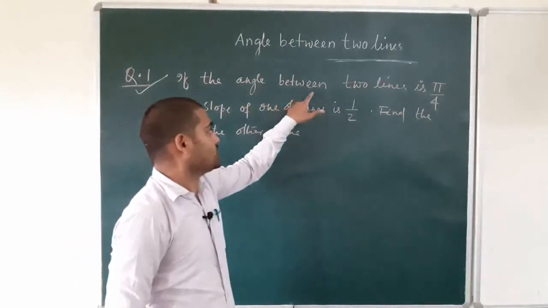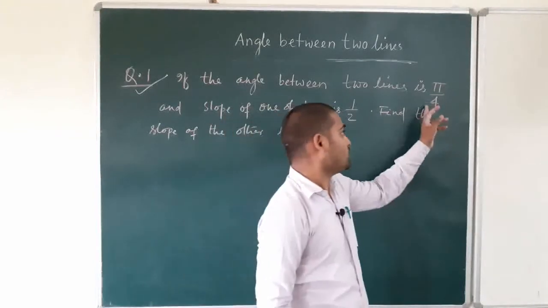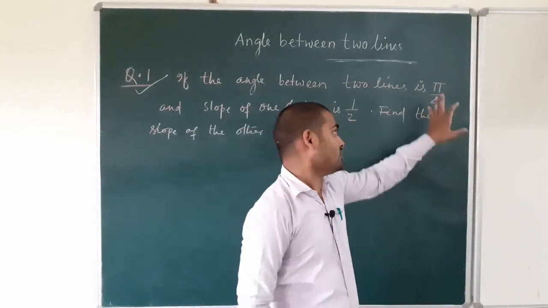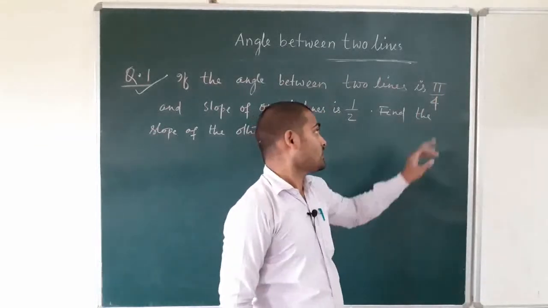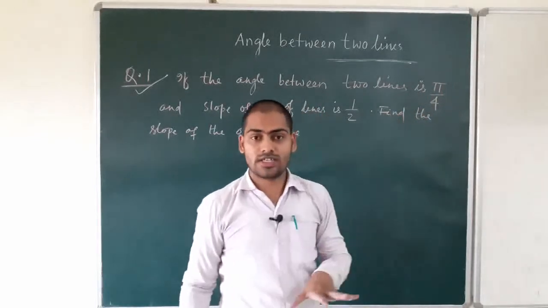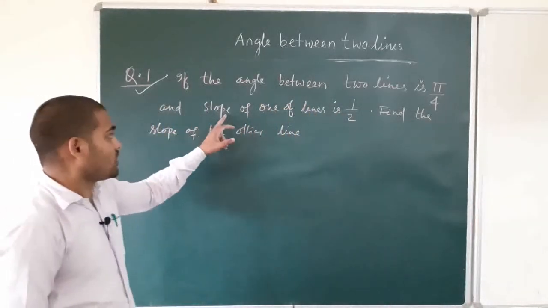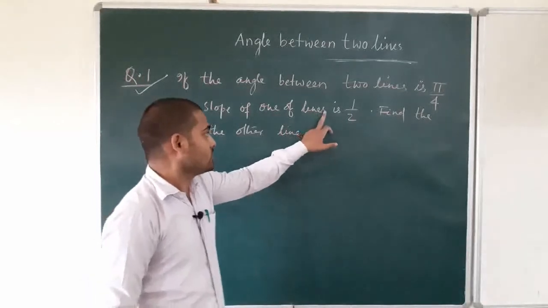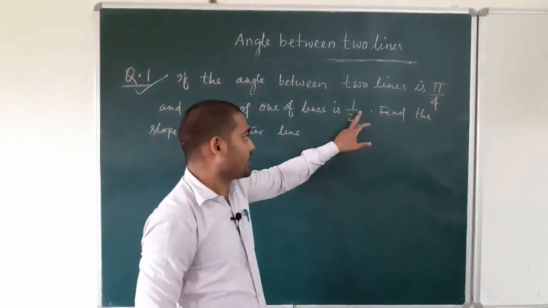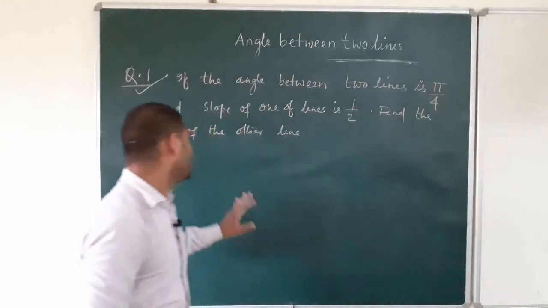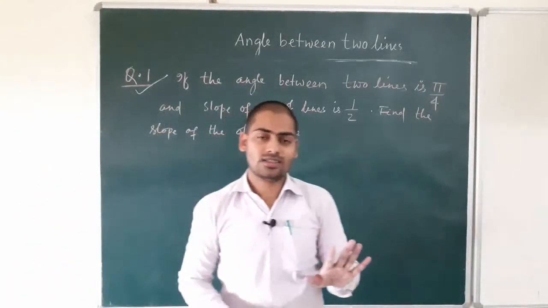If the angle between two lines is pi by 4, which means the angle is 45 degree, an acute angle, and the slope of one of the lines is 1 by 2, then find the slope of the other line.